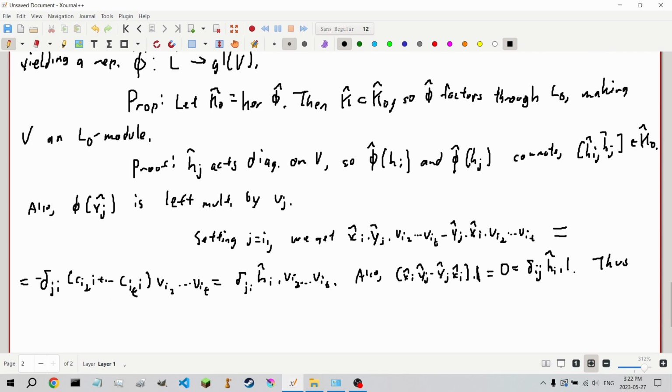Thus we get that the bracket of x hat i, y hat j, minus delta ij, h hat i, is inside k hat of 0.